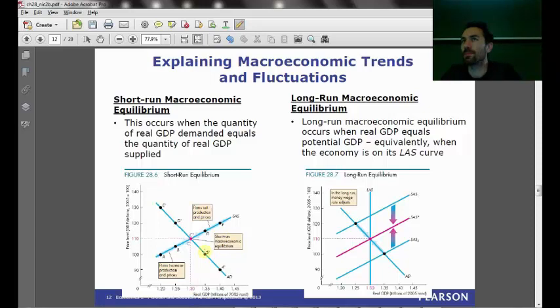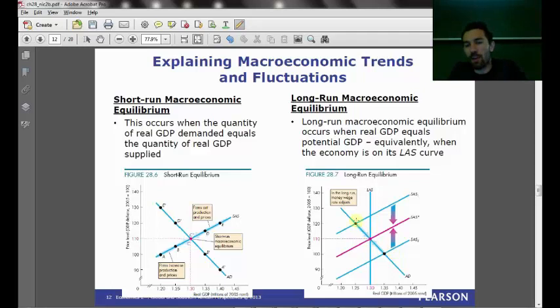Okay? And if we bring our long-run aggregate supply curve into play as well, then where the short-run aggregate supply curve, the long-run aggregate supply curve and the aggregate demand curve, all three of those intersect, we have a long-run equilibrium.